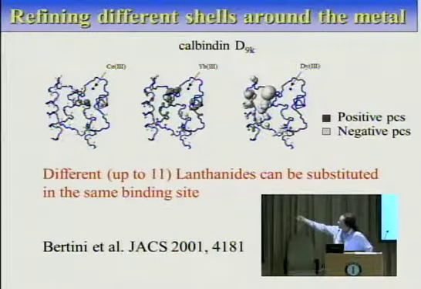If you have a system where you can bind different metal ions, such as these calcium binding proteins, which are a class of proteins we've been heavily investigating in Florence, you can substitute the calcium ion in the protein by different metal ions of the Lanthanide series, which have different magnetic susceptibility with respect to one another.